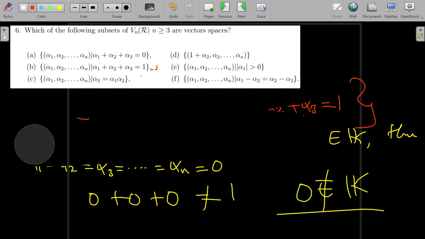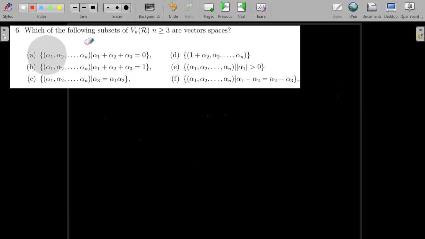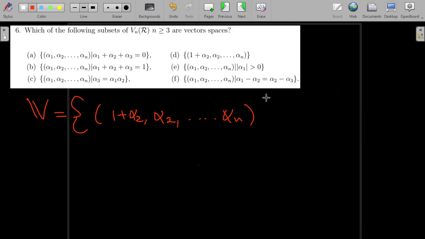Okay, so now let's look at D. You can try out C. Let's look at D. So D, I'm going to say let my vector space be equal to this, and then we have 1 plus alpha 2, then alpha 2, dot dot dot until alpha n. So here we don't have alpha 1 anywhere.